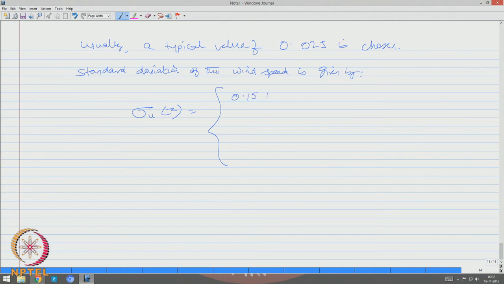0.15 u bar z (Zs by z) to the power 0.125 for z less than Zs.